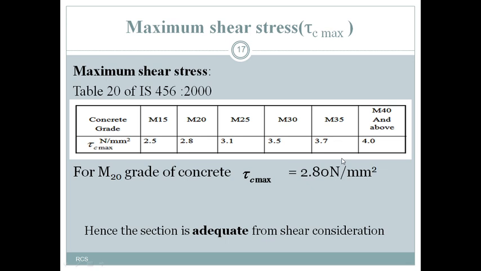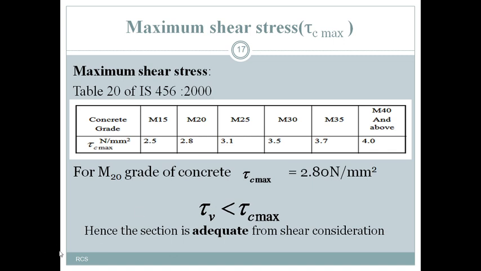The next step is to calculate the maximum shear stress. From Table 20 of IS 456-2000, the maximum shear stress can be found based on the grade of concrete given. The grade of concrete given is M20. The corresponding tau c max is 2.80 Newton per mm square. If you observe, in this condition our nominal shear stress is less than tau c max.